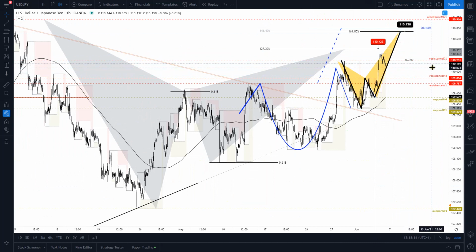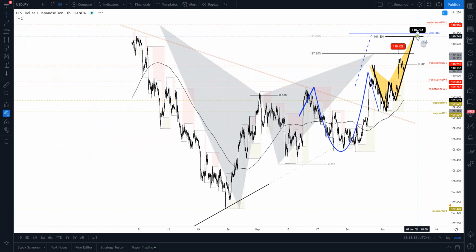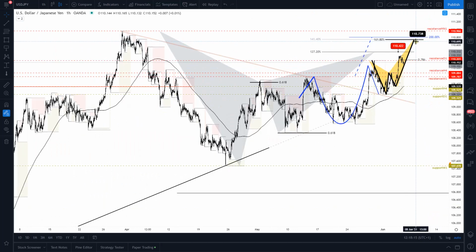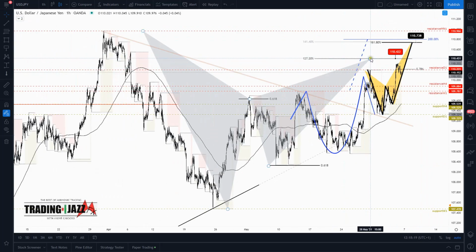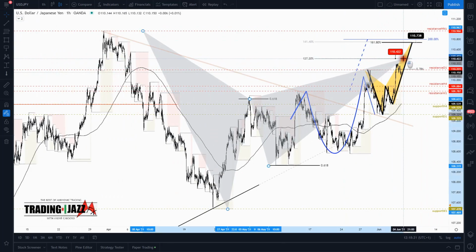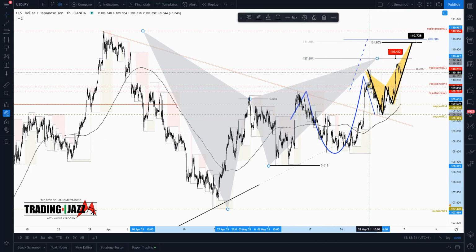We are now threatening the daily resistance, but we have also the crab pattern projected at 1010, and right above the most recent highs, a bearish Gartley pattern completion point. So this one I shared before. The market forms this kind of a cup here.